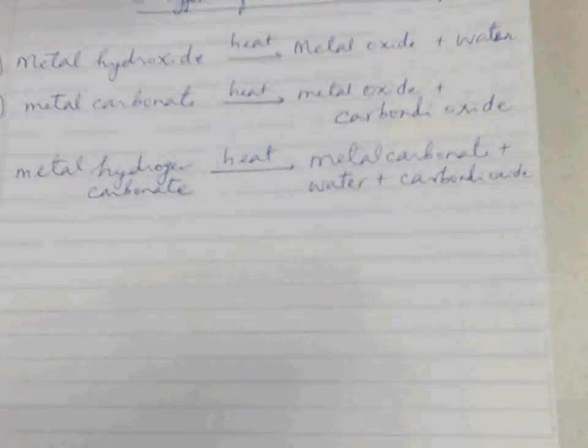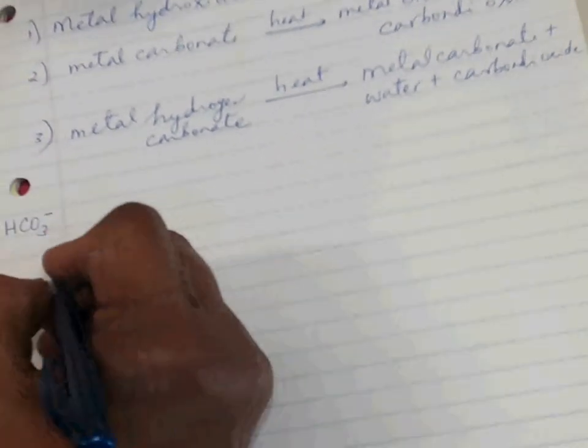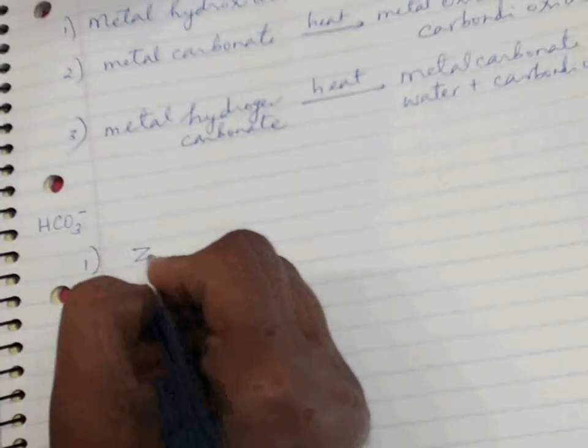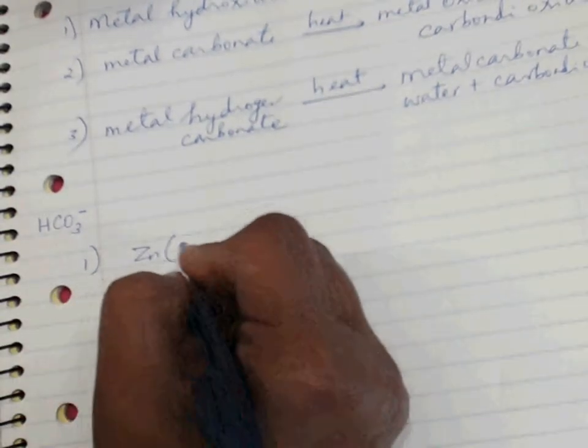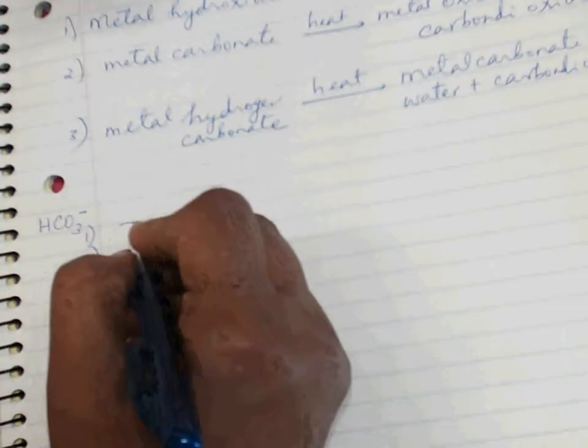Okay. So copy this. You can ask the teacher to pause this if you like, and then you can copy it into your exercise books. I'm going to now move on to give you some examples. All right? So for a metal hydroxide, let's say zinc hydroxide. I'll start with the word equation.